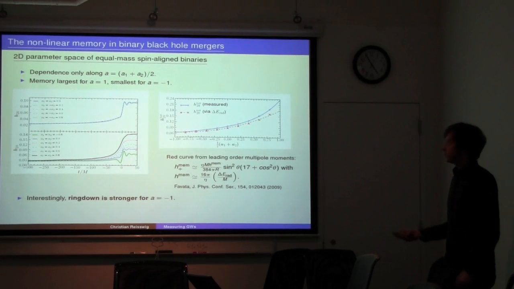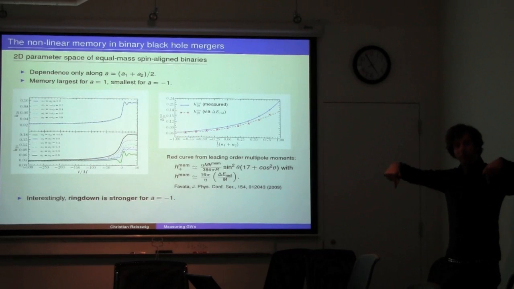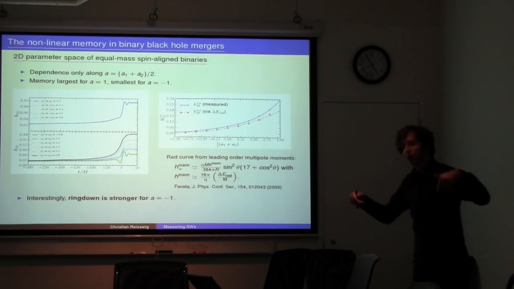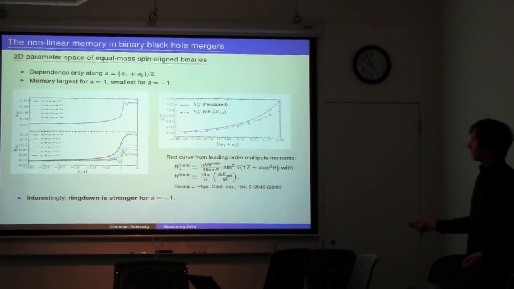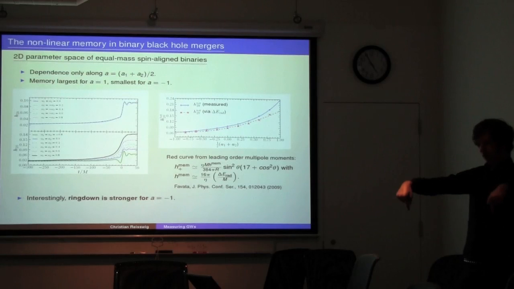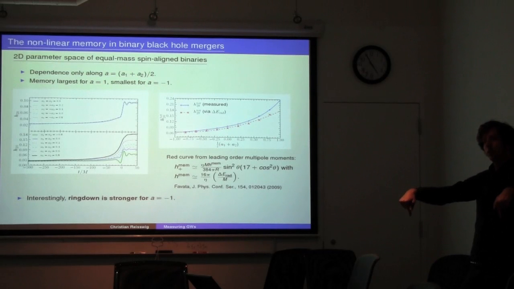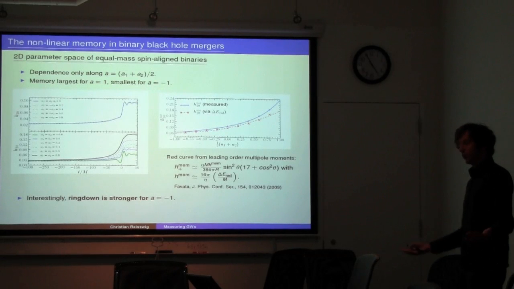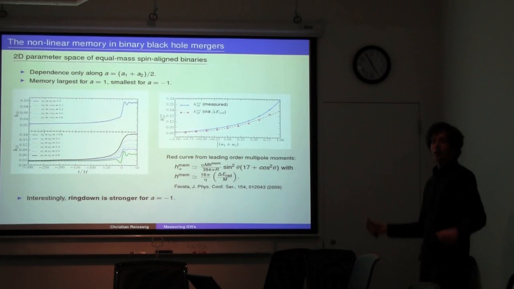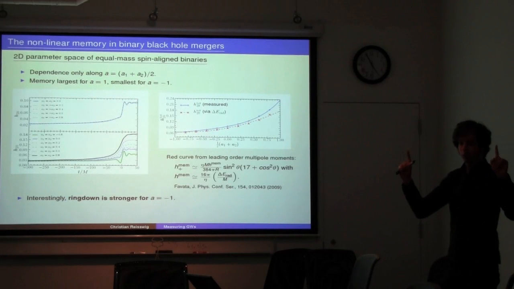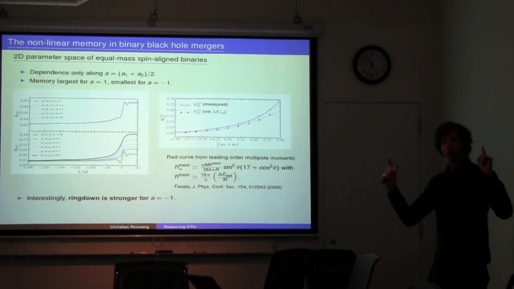An interesting point really is that the ring down is much more strongly pronounced in models that have spin down. So the memory is smaller, the total displacement of spacetime is smaller in these models, but the ring down has a much larger amplitude, and that can be explained maybe by the fact that binaries with this configuration here suffer some orbital speed up, so they inspiral much quicker than this configuration, which suffers some orbital hang up.